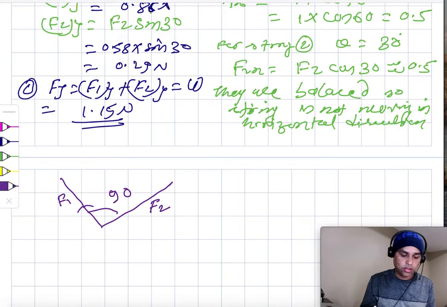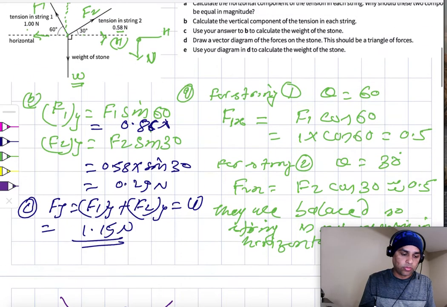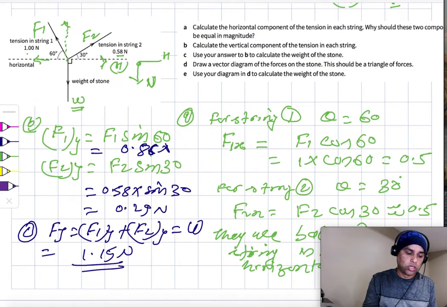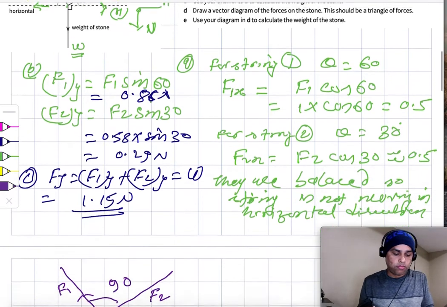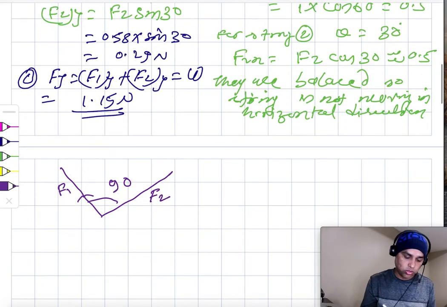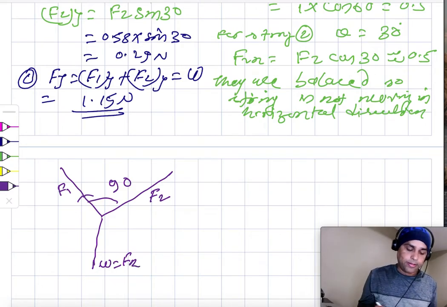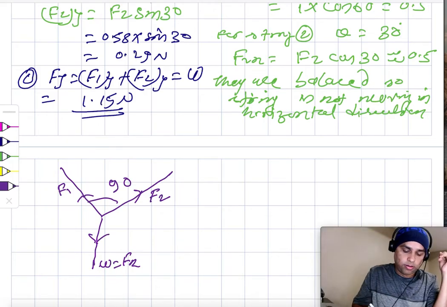You can see from the strings, because 180 minus 90 is 90. So this is the weight, which we call FR, the resultant force. This is the upward direction and this is the downward direction.